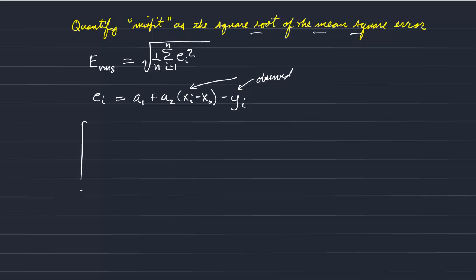So what this is really describing is a vector of errors, E1, E2, all the way to En. That's a vector on the left-hand side. We'll refer to that vector as E with a bar over it. And the right-hand side is a matrix equation with the matrix having 1 in the left column and x1 minus x0 in the right column, and so on.